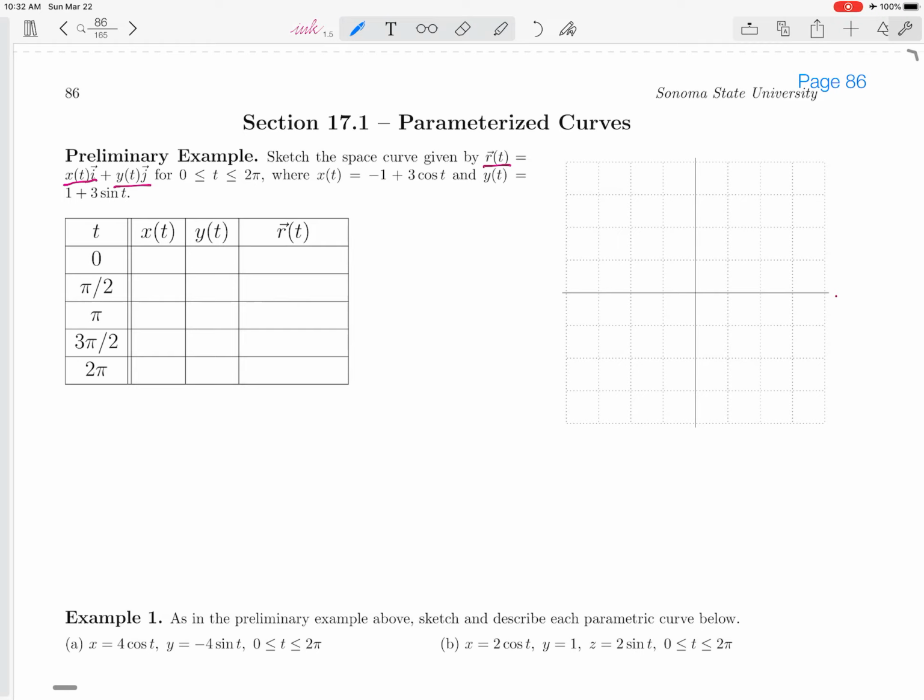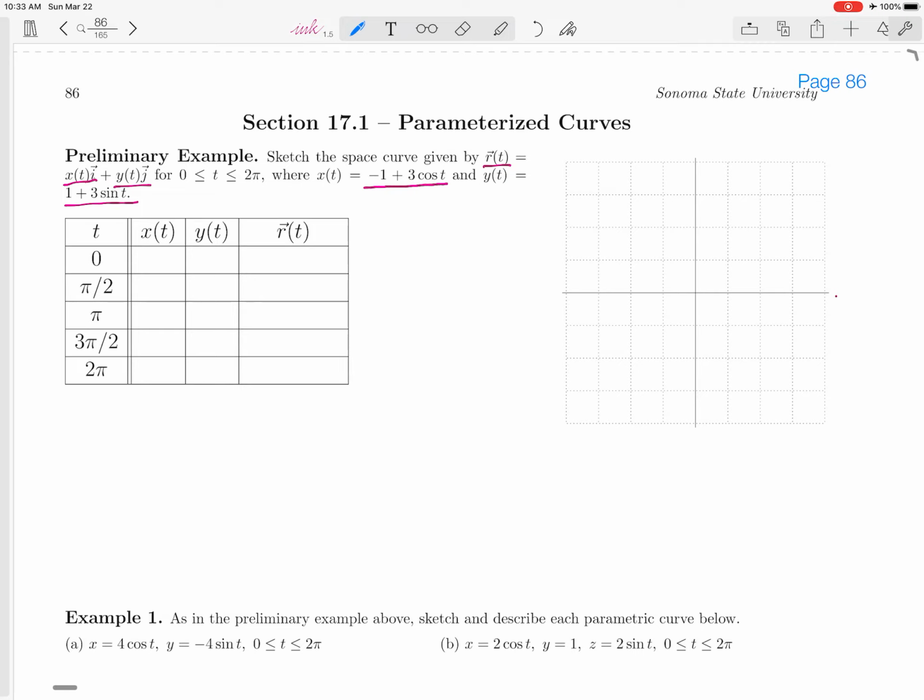And we are looking at the time interval from 0 to 2 pi. Now, x of t is described by the expression minus 1 plus 3 cosine t, and y of t is described by 1 plus 3 sine t.